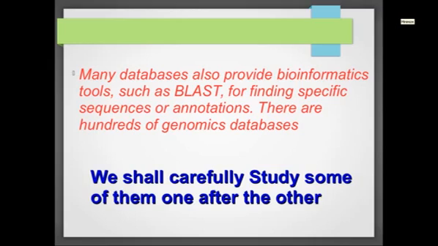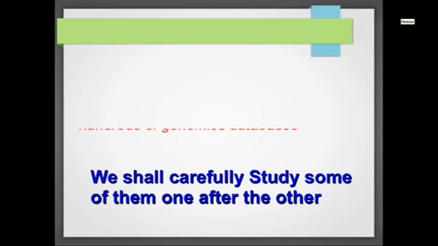There are hundreds of genomic databases. We'll also talk about the tool BLAST once we get to the internet aspect of this introduction. But first, let's carefully study some of them one after the other.